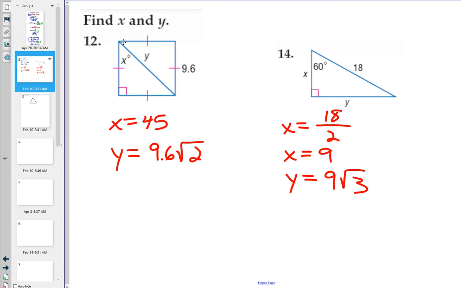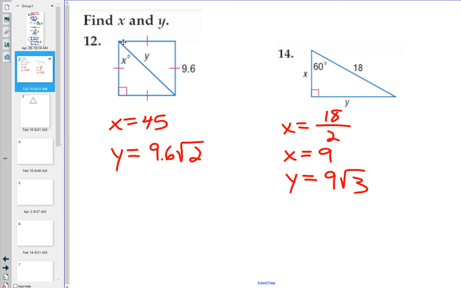I'm not ignoring the 60. What the 60 tells me is what type of triangle it was.